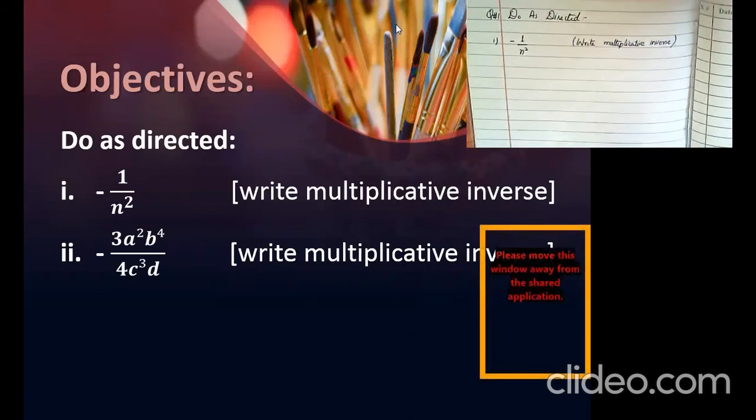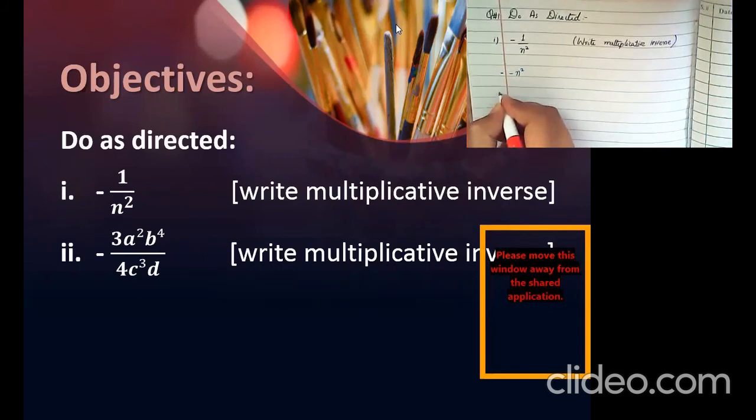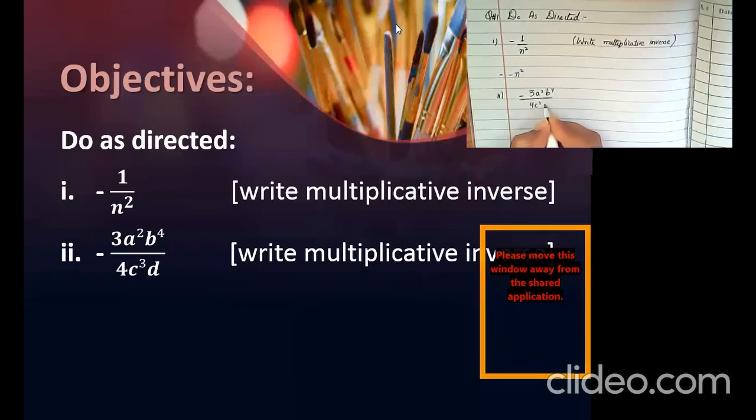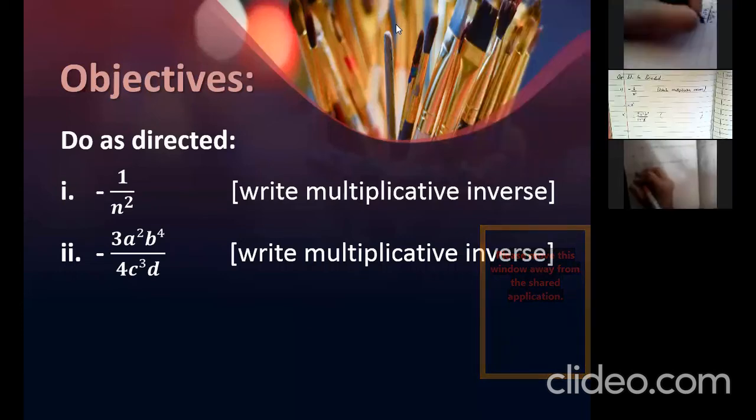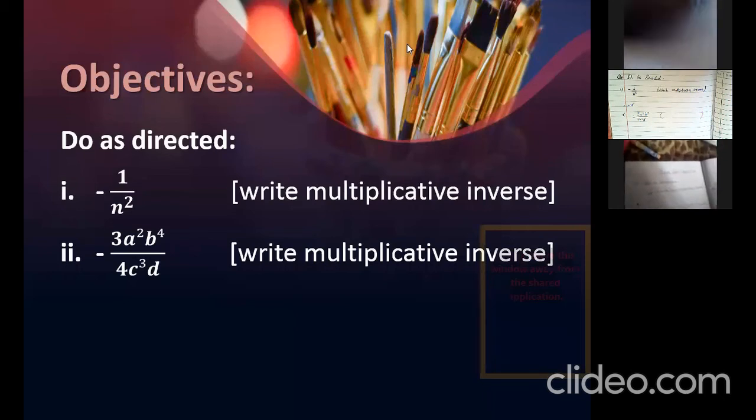Here you will write down the direct answer, which will be minus n square. Now, bit number 2 is this one, that is minus 3a square b4 divided by 4c cube d. Just simply write down its multiplicative inverse. Everyone, done? Have you done?